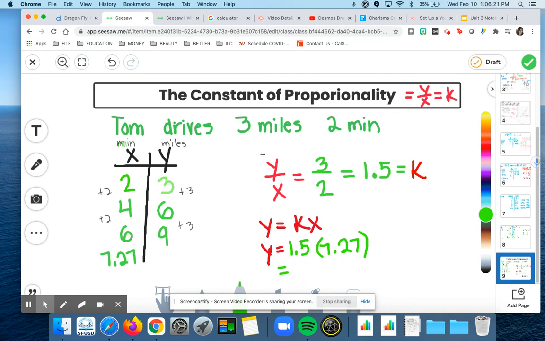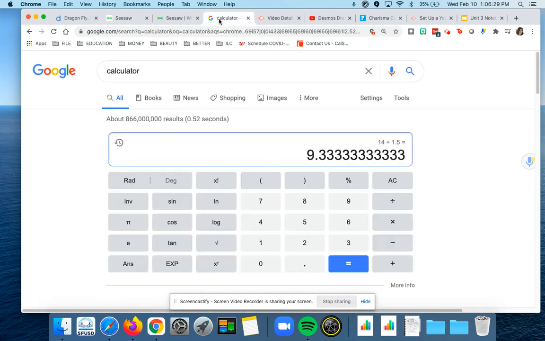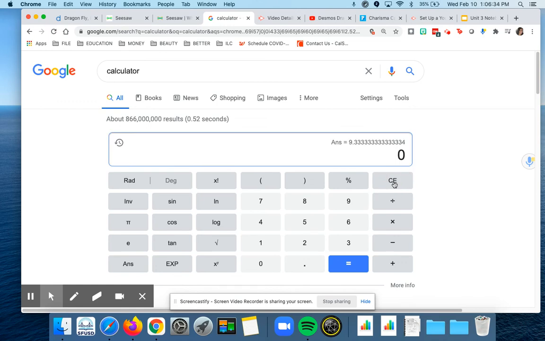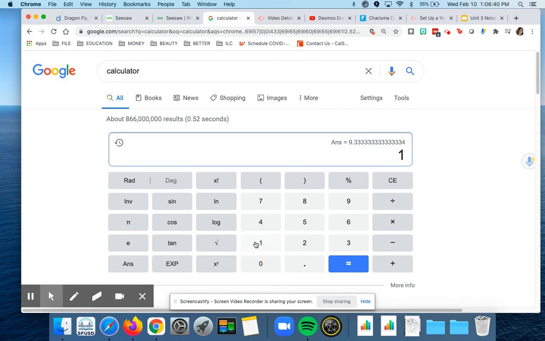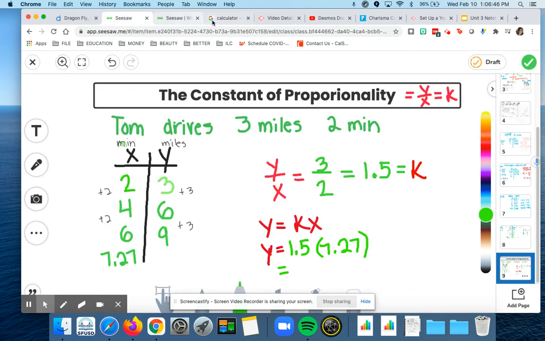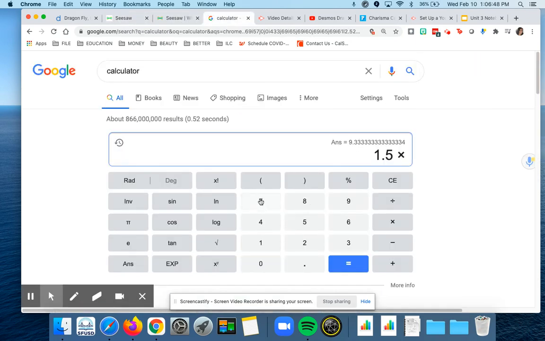Now you're like, oh, I've got to write it on paper. No, you don't. Especially during distance learning, we're just going to go to our calculator. So you Google calculator, and this pops up. It's very nice. So I'm going to get my numbers again. It was 1.5 times 7.27.